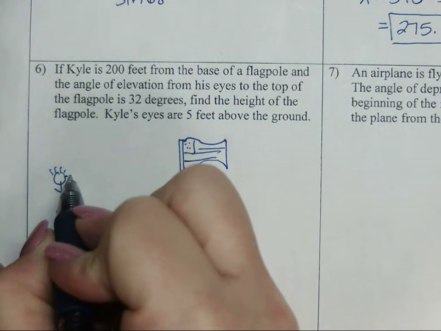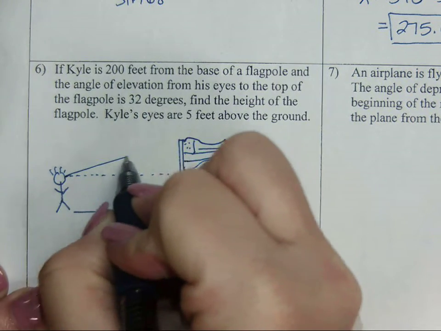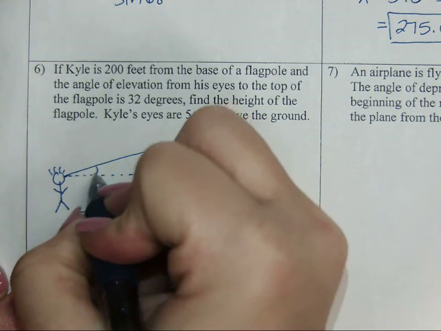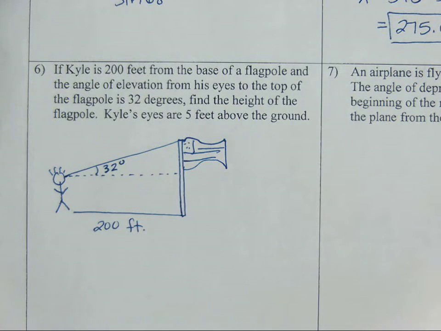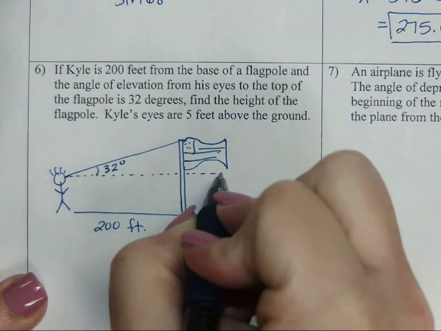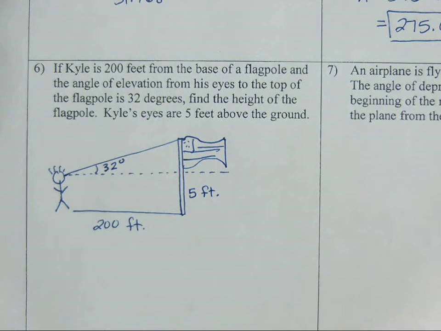From his eyes, I'm going to make a horizontal line of sight, and the angle of elevation is 32 degrees. It says find the height of the flagpole. And it says Kyle's eyes are 5 feet above the ground. So what that means is that this section of the flagpole is 5 feet.